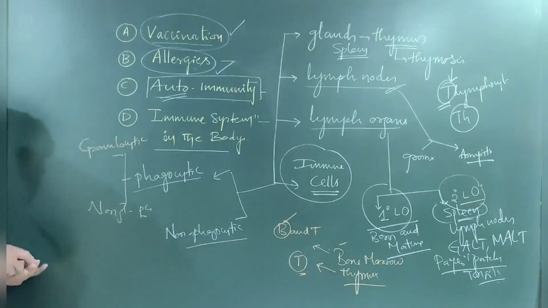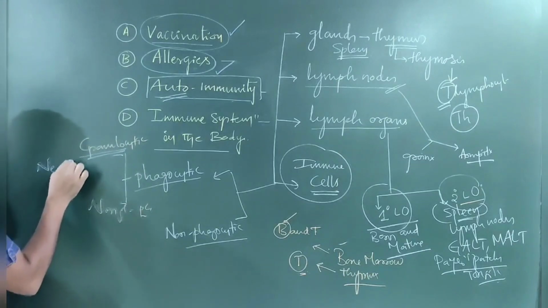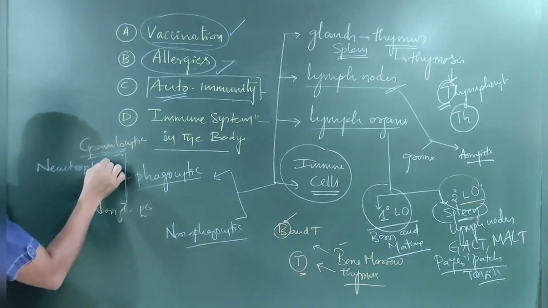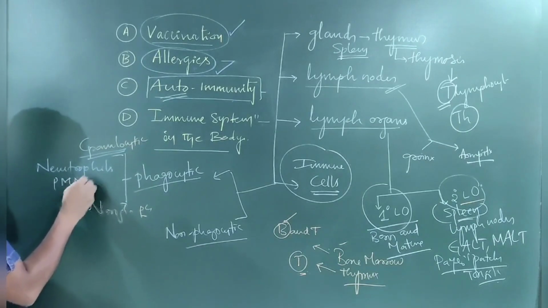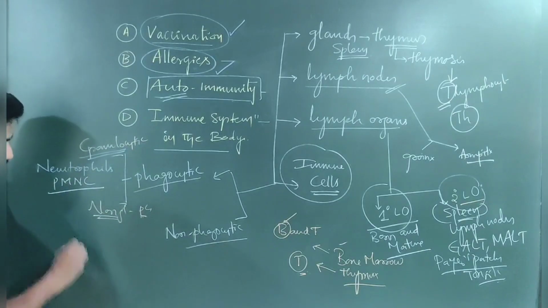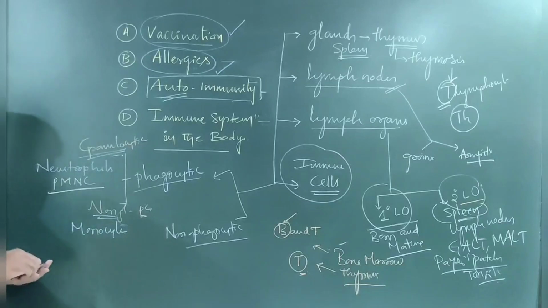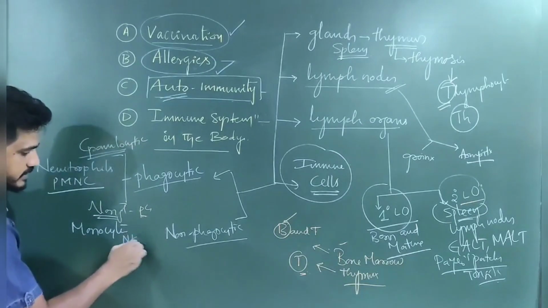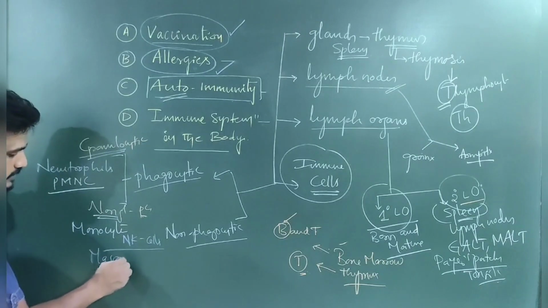Granulocytic phagocytic cells, for example, neutrophils. Neutrophils are also called polymorphonuclear cells, right? Next, non-granulocytic phagocytic cells, for example, monocytes. Monocytes are also called NK cells. Natural killer cells are also called macrophages.